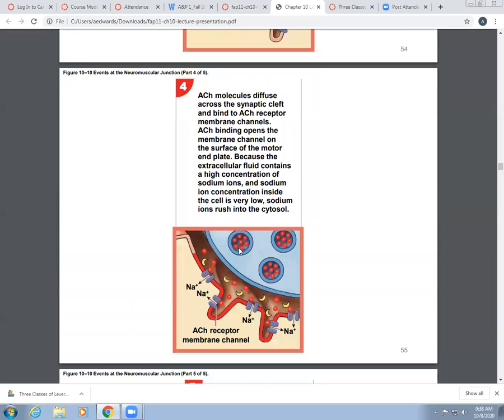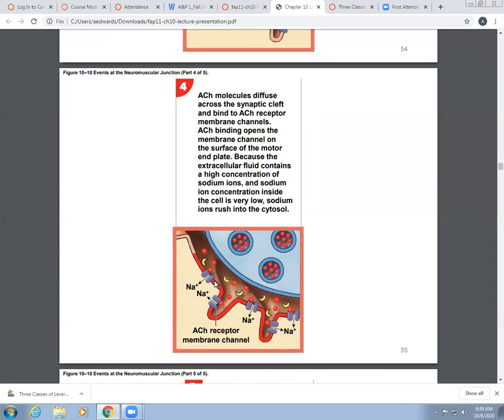So those acetylcholine molecules are going to diffuse across the synaptic cleft. And then some of those acetylcholine molecules will bind to receptors on these chemically gated sodium ion channels. And when that happens, essentially those sodium ion channels are unlocked, and so they open up.